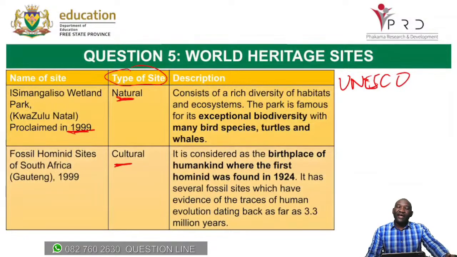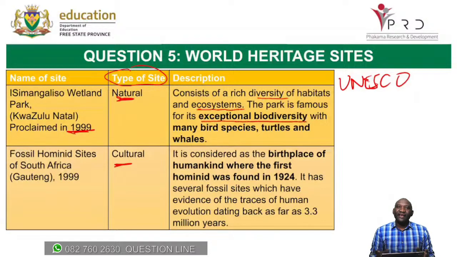And if we look at Isimangaliso, what actually made it to be part of the World Heritage family or group is that it has a rich diversity of habitats and ecosystems. You find that here there are coral reefs, there are different reeds, there are different dunes that actually exist in this particular area. And another thing that makes it so important is that it has exceptional biodiversity, different types of animals and plants that coexist in that particular area.